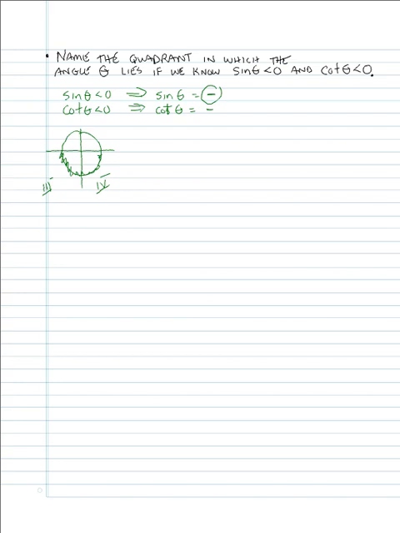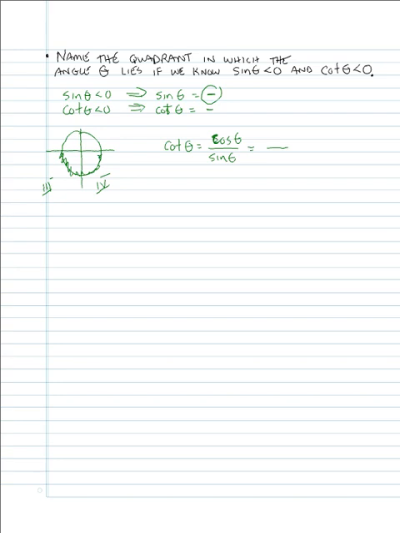And so the other information we have is that the cotangent of theta is negative, okay? Let's keep that in mind. But the cotangent of theta is calculated by finding the cosine of theta divided by the sine of theta.